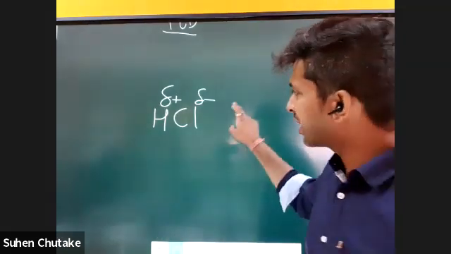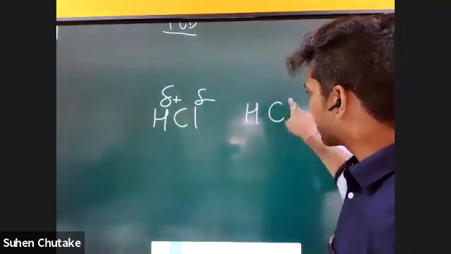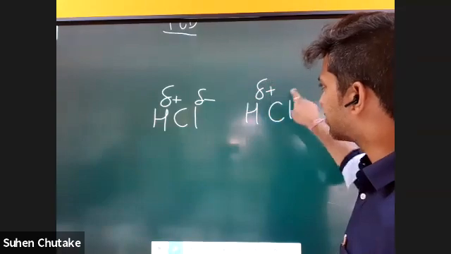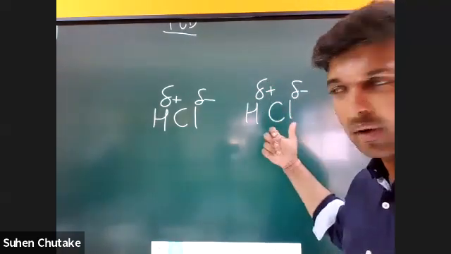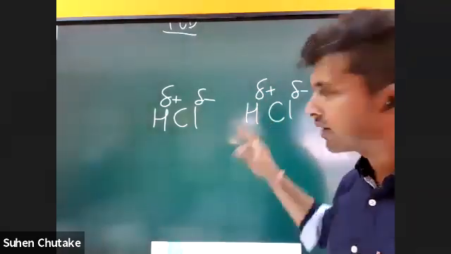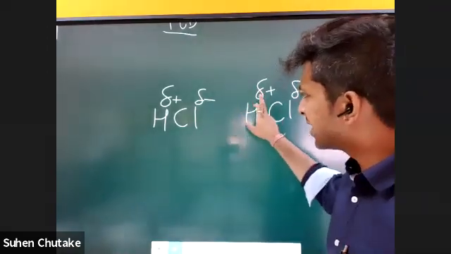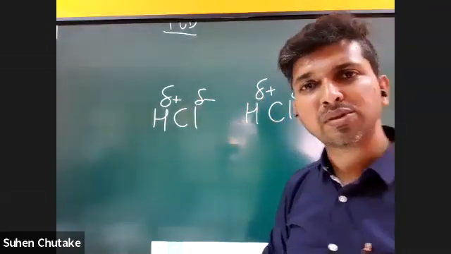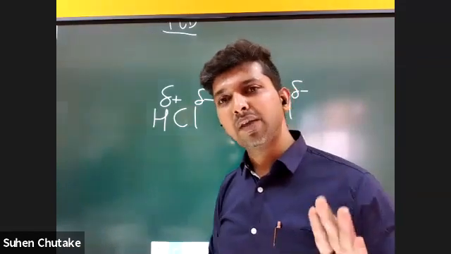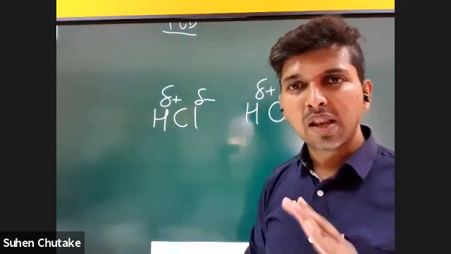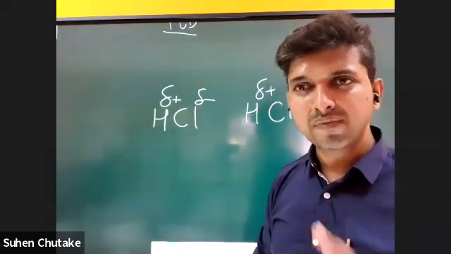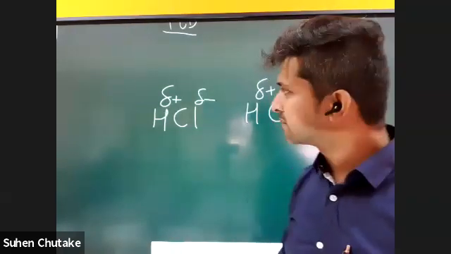Now we are having HCl, one more HCl molecule. Again, this hydrogen will be delta positive and chlorine delta negative, because chlorine is more electronegative, of course. Hydrogen is less electronegative, so it will gain delta positive charge. Now this delta positive charge will attract the delta negative chlorine. Why will it attract? Simple. Unlike charges attract each other, like charges repel each other. You have seen this in your lower classes, isn't it?